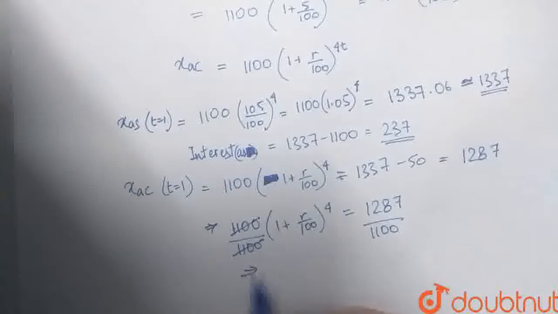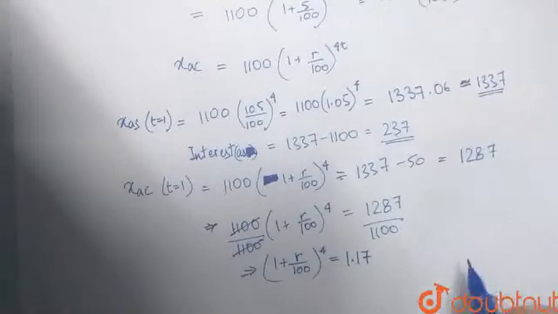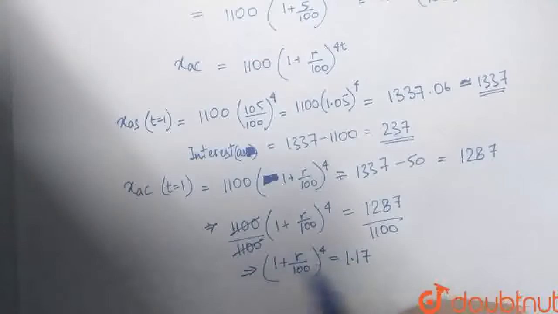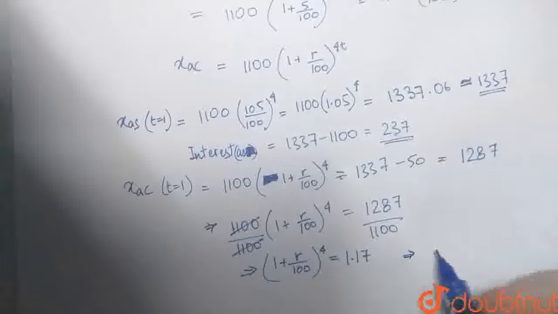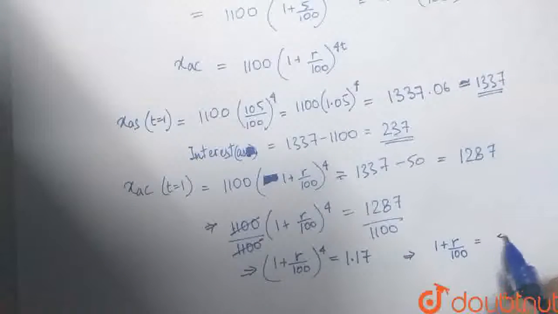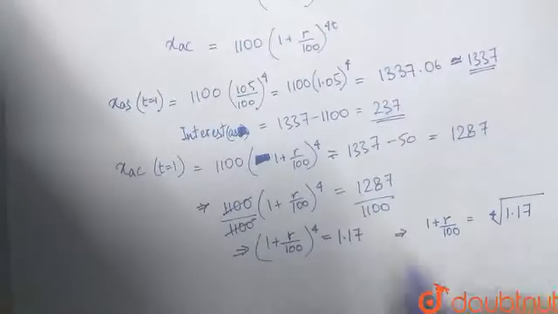So we have 1 plus r by 100 to the power of 4, and this value comes out to be 1.17, right? So we can take the fourth root on both sides. So we have 1 plus r by 100 on the left hand side, and the fourth root of 1.17 on the right hand side, right?